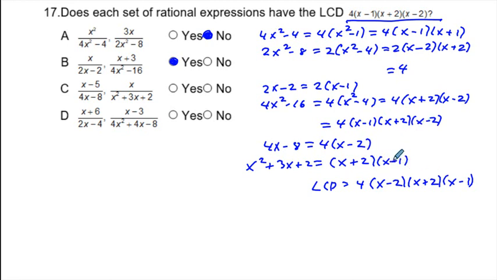Oops, I had that wrong, this is going to be plus 1 here. So this isn't going to work out either.